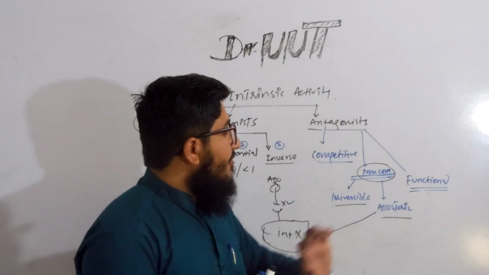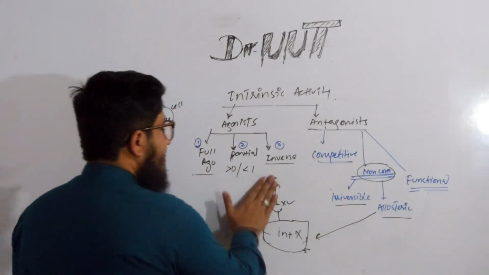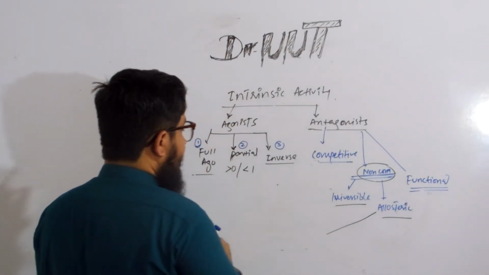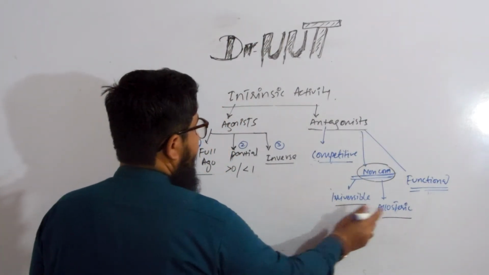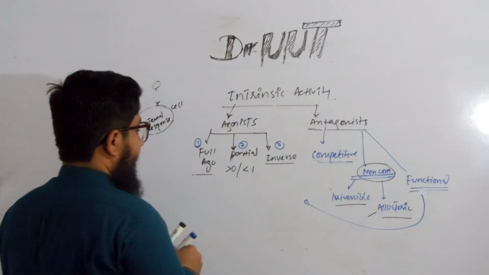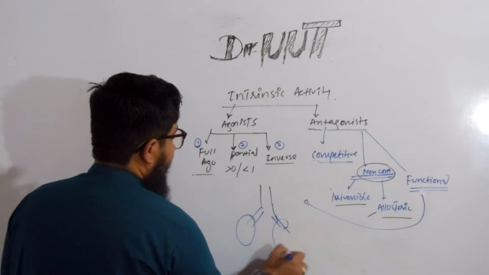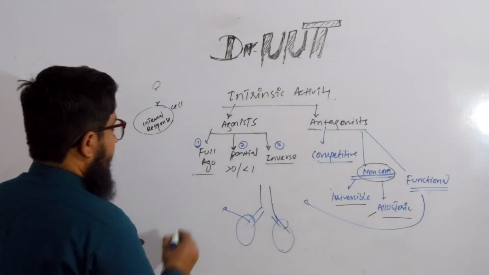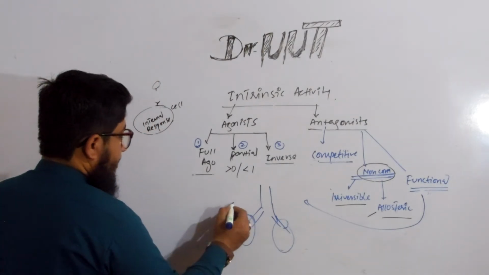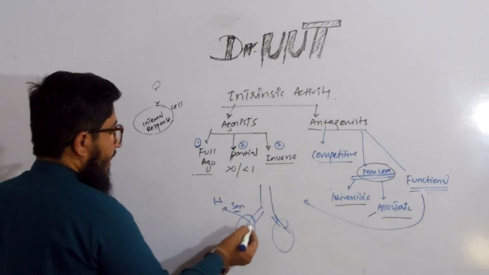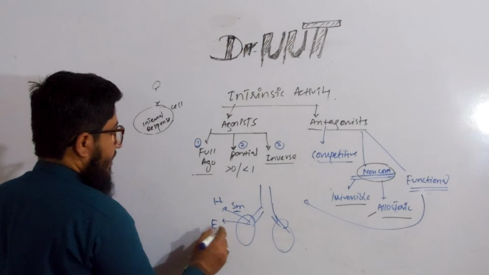And we have the functional antagonism. Now what is the mechanism of functional antagonism? You will get the mechanism by means of an example. You have lungs, where the smooth muscles of the lungs have two types of receptors, histamine and epinephrine receptors.